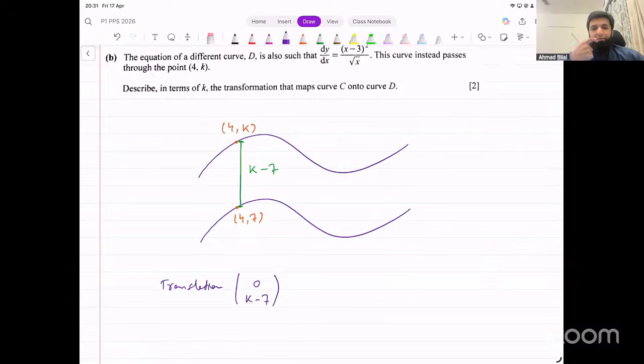Is that all right? Okay, that's a good point. How do we know that k is larger than 7? We don't know that necessarily. k could be smaller than 7 as well.